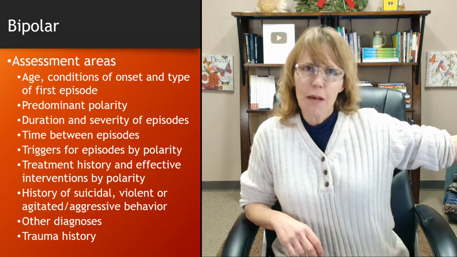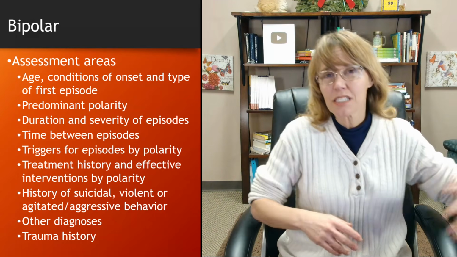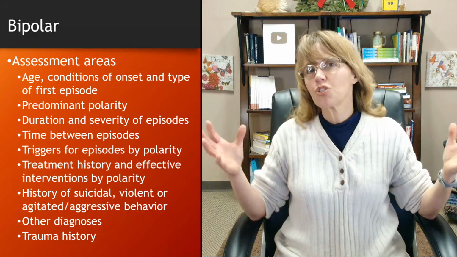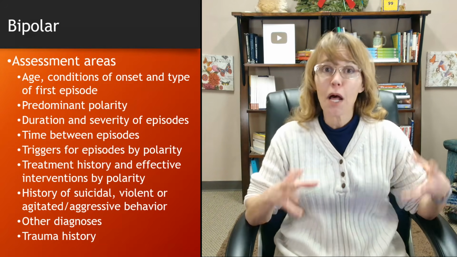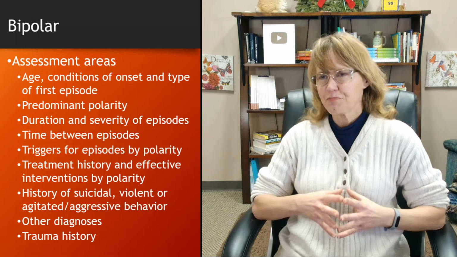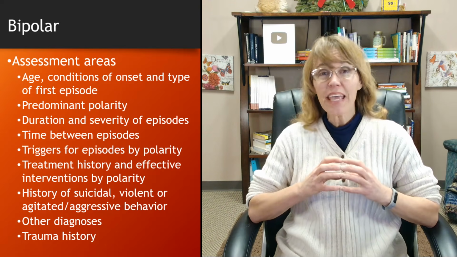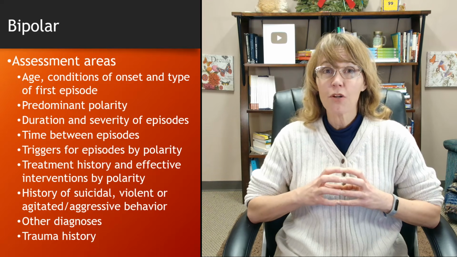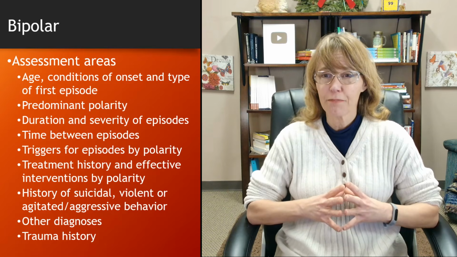Now, if somebody's first episode was depressed versus manic, but they've had both types, it's not going to change what their diagnosis is. If they've had a full manic episode, they get a bipolar 1 diagnosis. But we do want to explore, this may give us an idea about what triggers these episodes and things that we can do to help the person mitigate them.